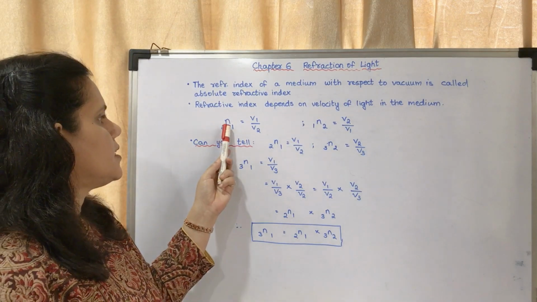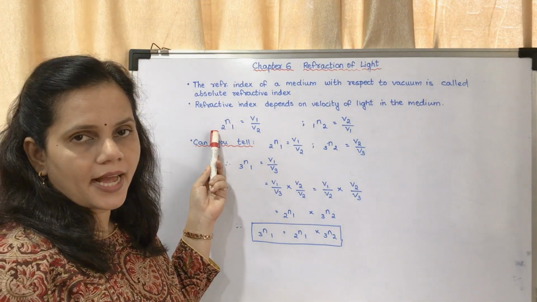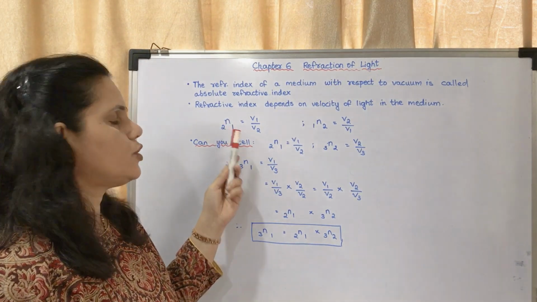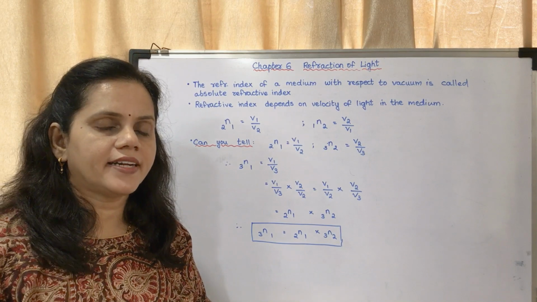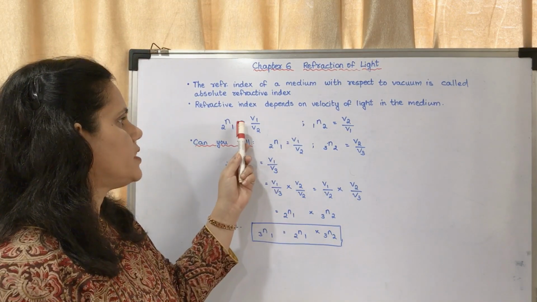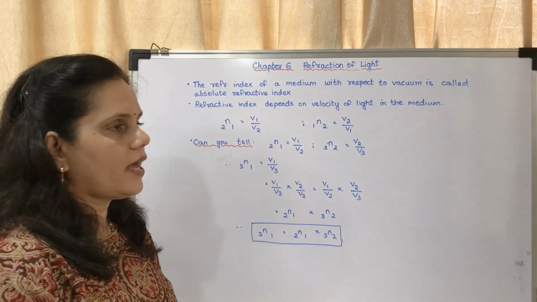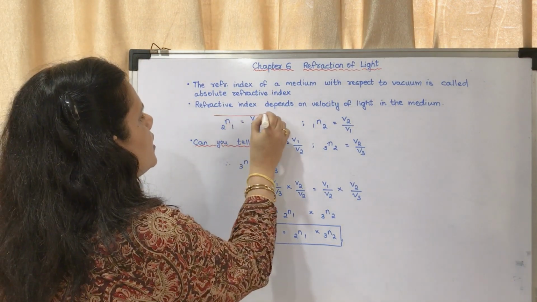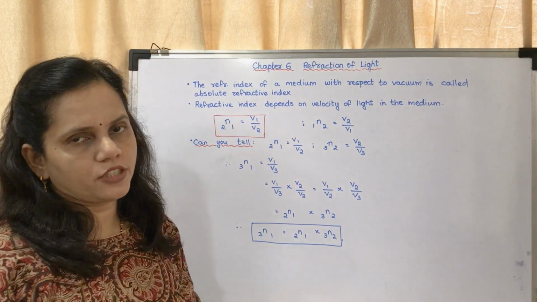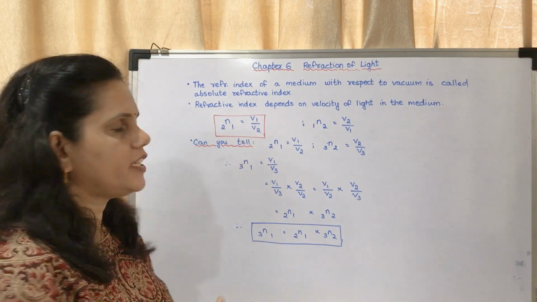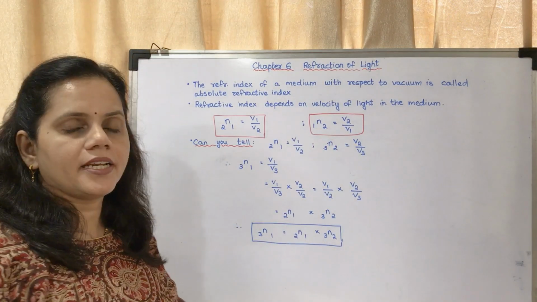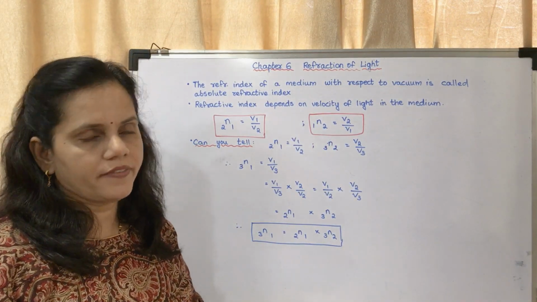Now this is read as refractive index of second medium with respect to first medium. So this is V1 upon V2. You have to learn it like this. Refractive index of second medium with respect to first medium is equal to V1 upon V2, and refractive index of first medium with respect to second medium is equal to V2 upon V1.